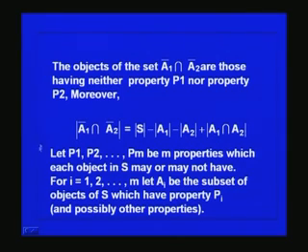You can generalize this. Here we have considered only two properties. You can generalize to m properties. Let P1, P2, up to Pm be m properties which each object in S may or may not have. Then for i equal to 1 to m, let Ai be the subset of the objects of S which have property Pi.